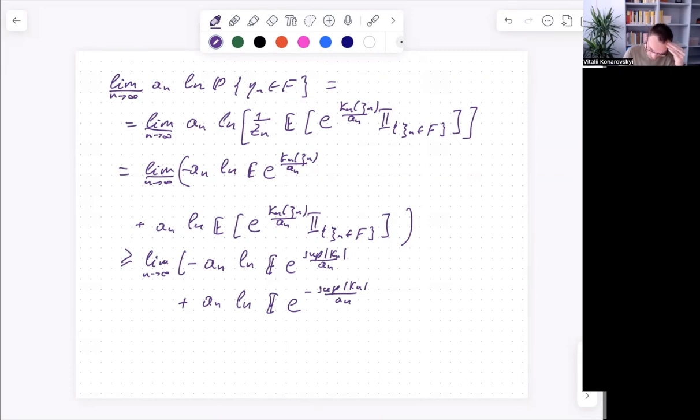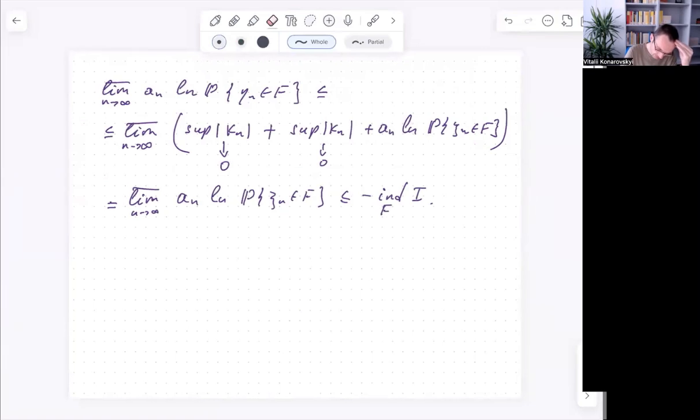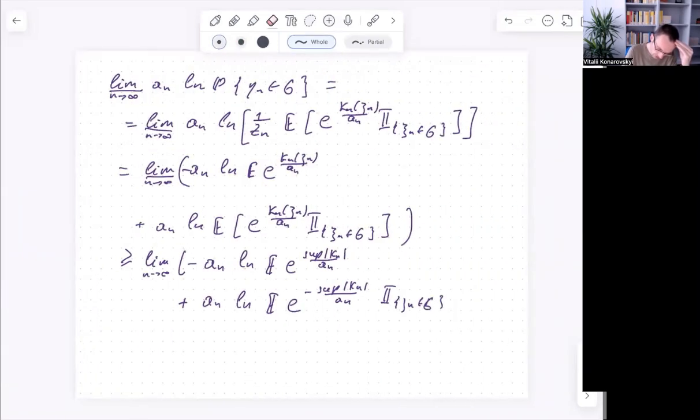Okay, and then you have the probability. Or I'm sorry, you have the indicator, right? Psi n belonging to the set G. I'm sorry, I forgot to change everywhere also the set G, because now we started with the estimation for the open set. I didn't write that. We need to say that G is open.